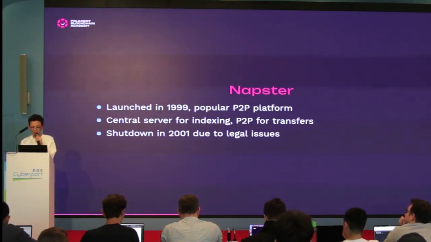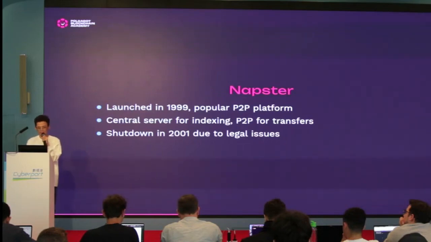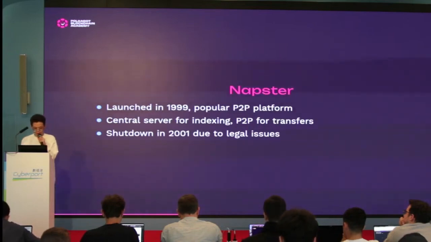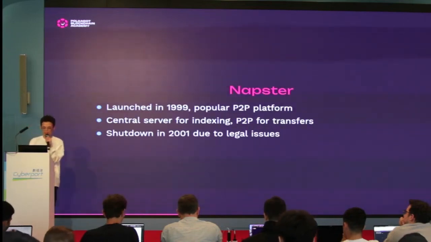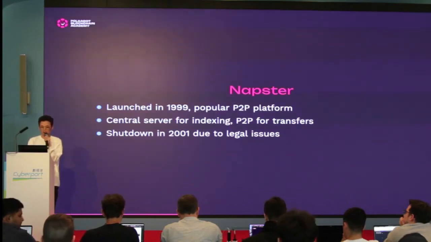The band Metallica put such a system into court. And finally, the US government decided to shut down such a platform. It's because of our perception of copyright protection, and so nowadays such a system has been shut down.